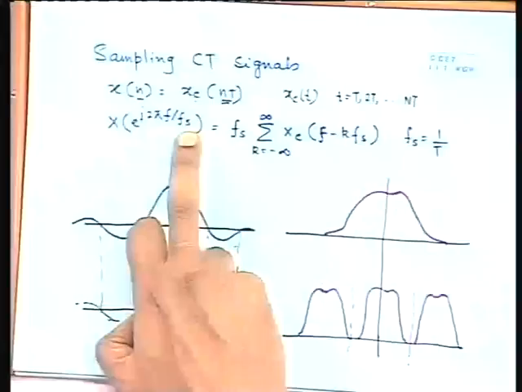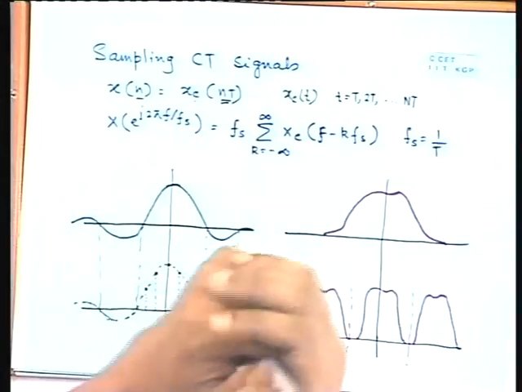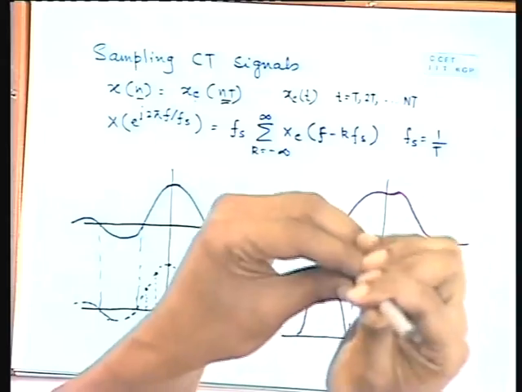Now a very important question is this: if you have a continuous time signal and you are going to take samples of it at certain instants of time, then work with the samples and arrive at certain results, are those results going to be valid for the actual continuous time signal?